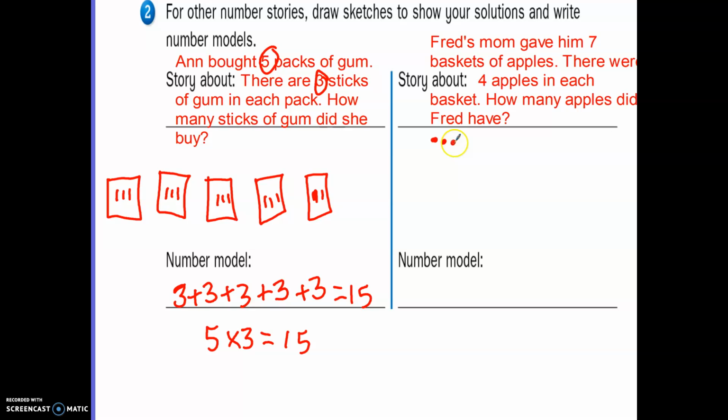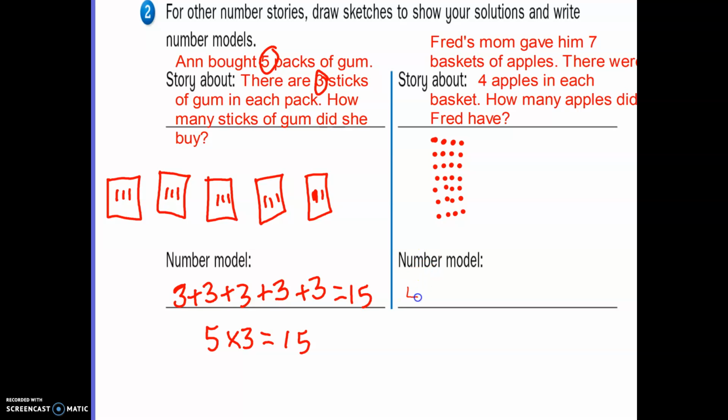1, 2, 3, 4, repeated for each row, seven rows in all. All right. So my number models could be 4. That's a little thick 4. I'll make it smaller.